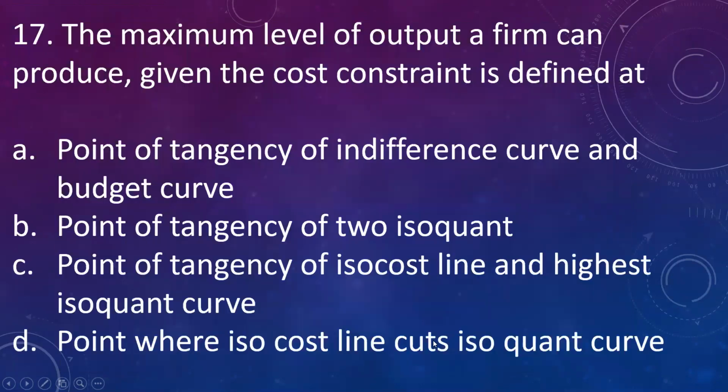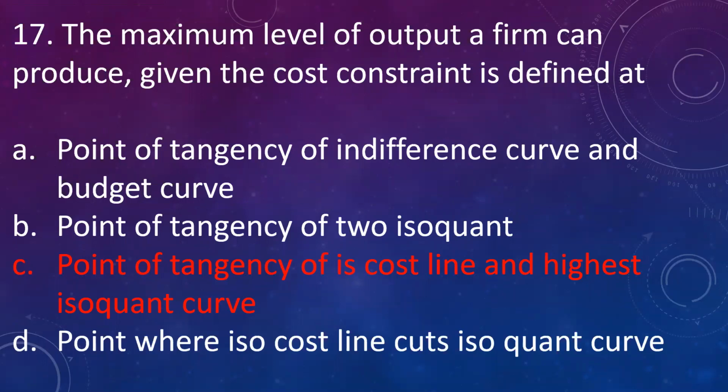Our next question is, the maximum level of output a firm can produce at given the cost constraint is defined as A, point of tangency of indifference curve and budget curve, B, point of tangency of two isoquant, C, point of tangency of isocost line and highest isoquant curve, D, point where isocline cuts isoquant curve.